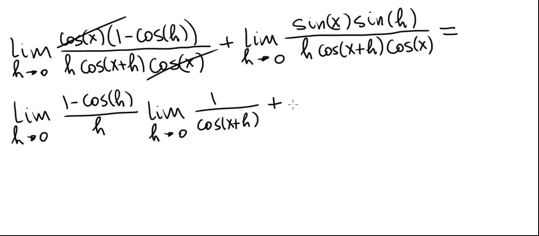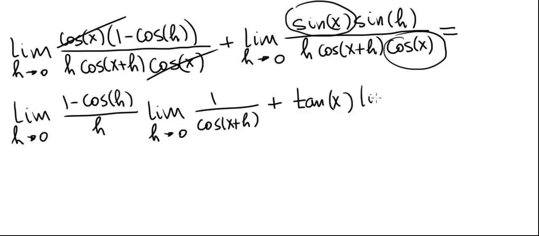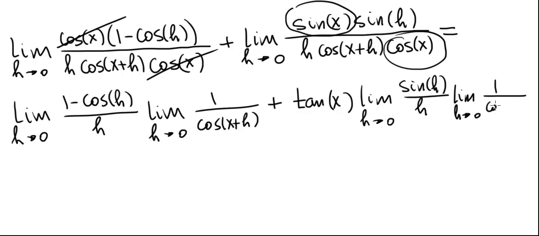That doesn't depend on h, so we can factor that. That's tangent of x. Then we have the limit as h approaches 0 of sine of h over h. And finally the limit as h approaches 0 of 1 over cosine of x plus h.